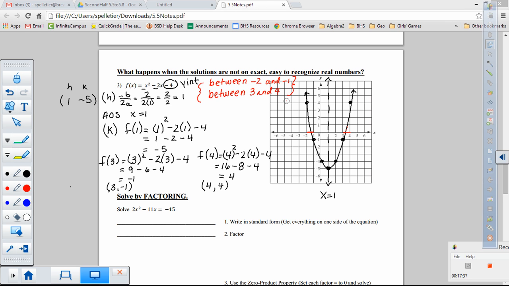So we've narrowed down where our solutions happen, and that's what we're going to say our answer is when they're not easily found and exact. Okay? So that's graphing in a nutshell. Our next one will be talking about how to solve them by using factoring.